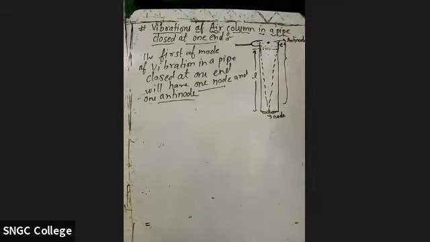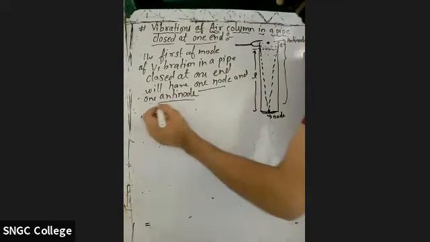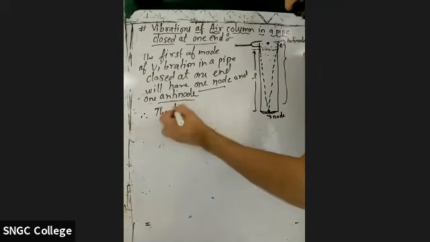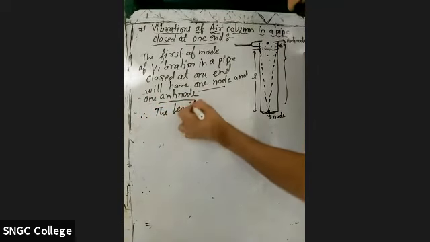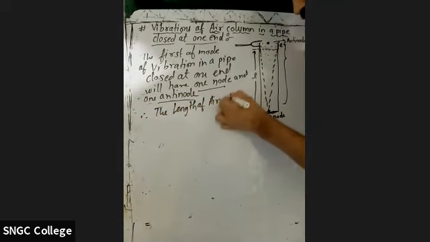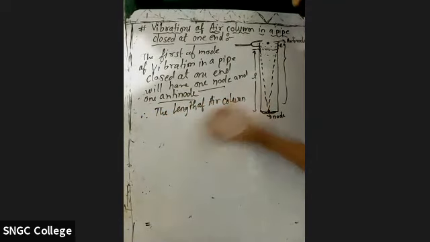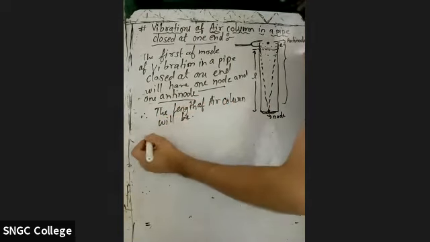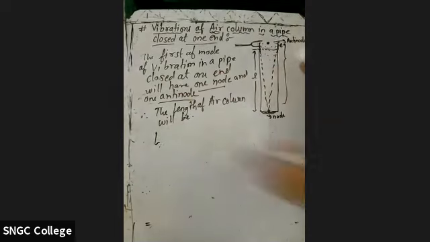Okay, so therefore the length of the air column will be, now we have to find the length of the air column. Okay.